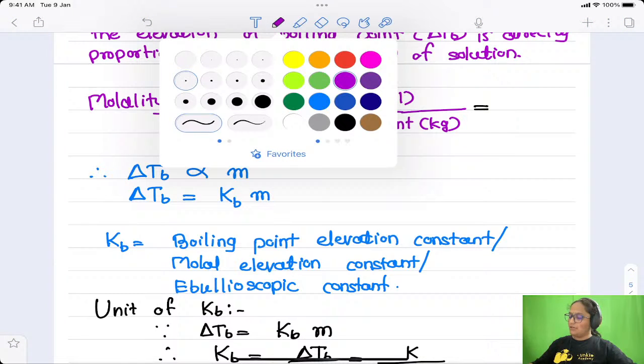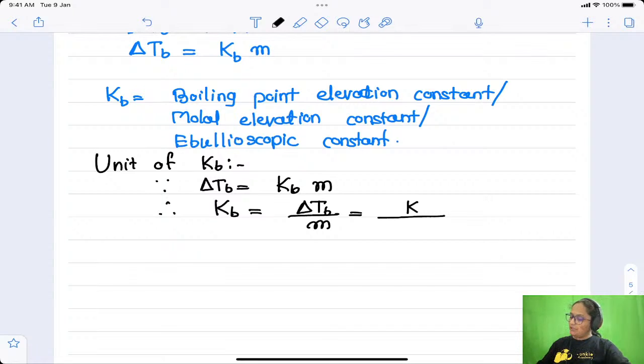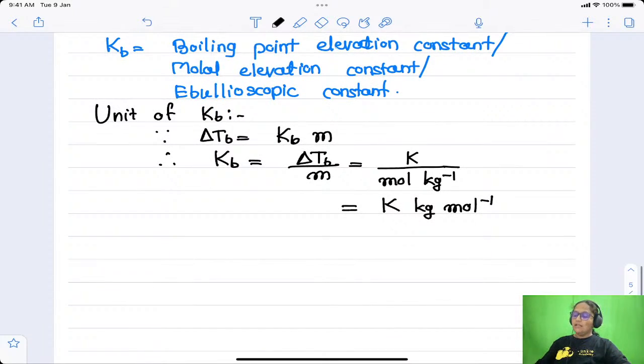The unit for molality is mole per kg. Mole will go down, kg will go up, so it is Kelvin kg mole inverse. That is the unit for KB, the ebullioscopic constant.